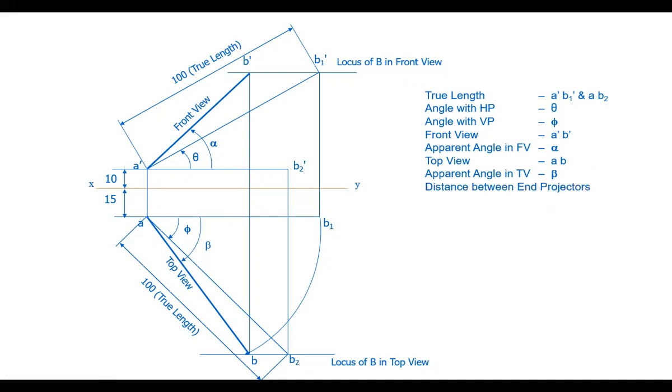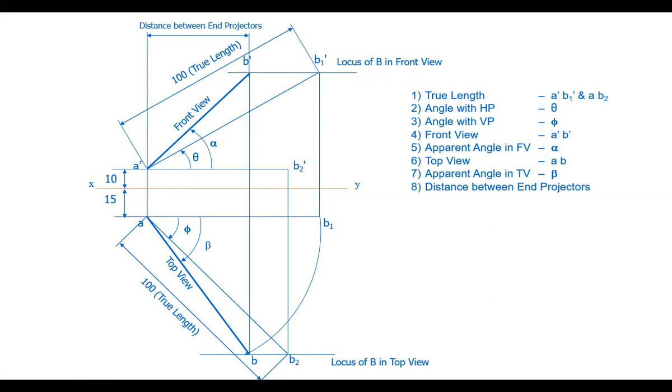And there is another parameter called the distance between end projectors. AA dash is one end and BB dash is the other end. These two are the ends of the line. The distance between the projectors drawn through these two points is called the distance between end projectors. So this is another parameter. Why I have drawn all this is, we are given this set of 8 parameters.